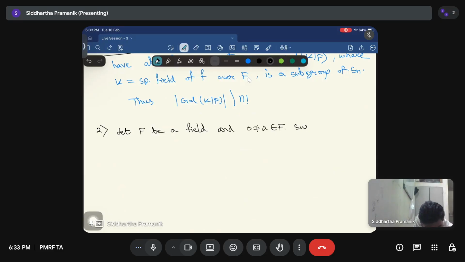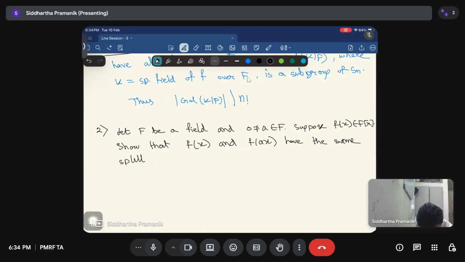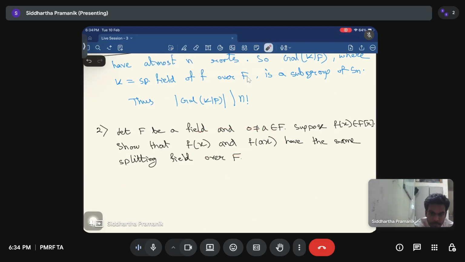And suppose f(x) is a polynomial in F[x], then show that f(x) and f(ax) have the same splitting field over the base field F. So we are taking two different polynomials and we are claiming that they have the same splitting field over the base field F. So how to do this?